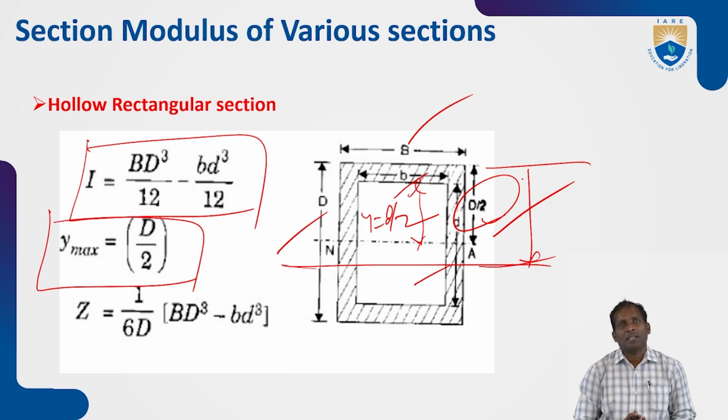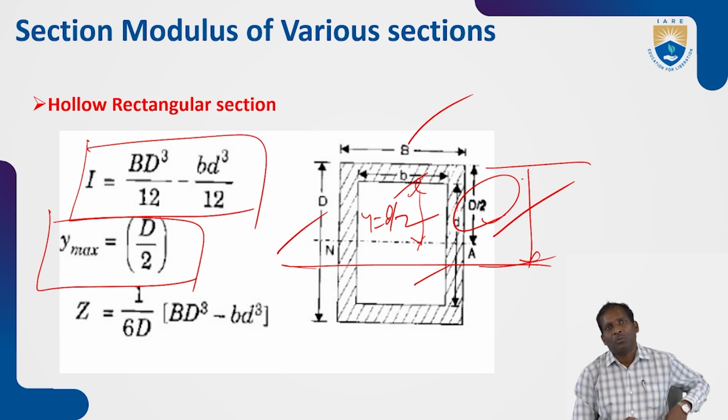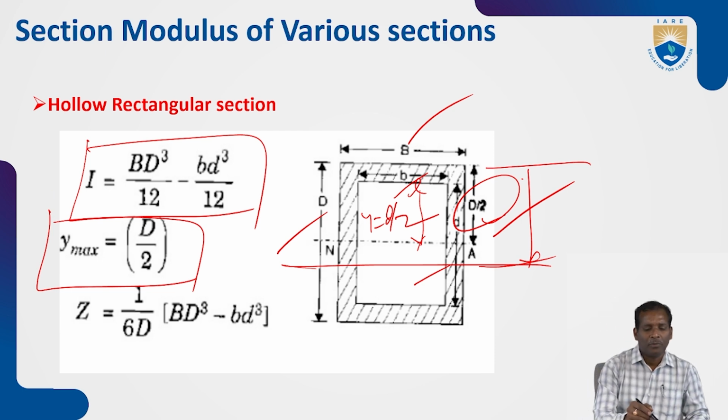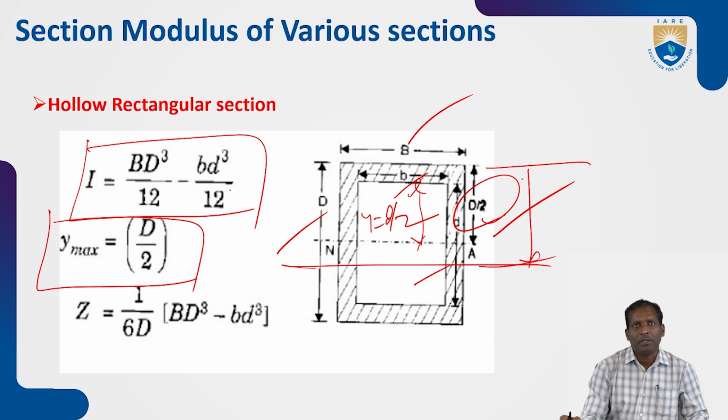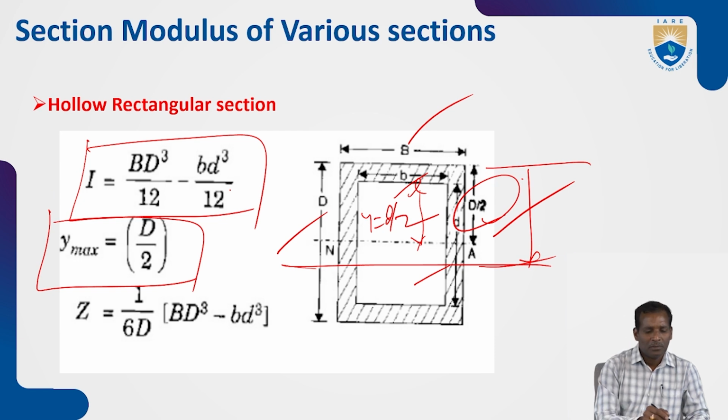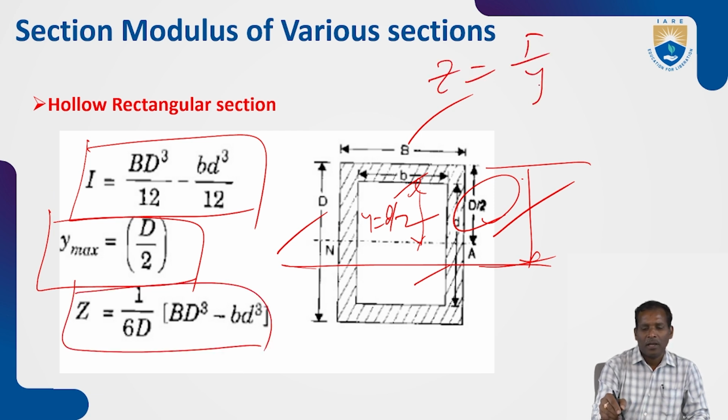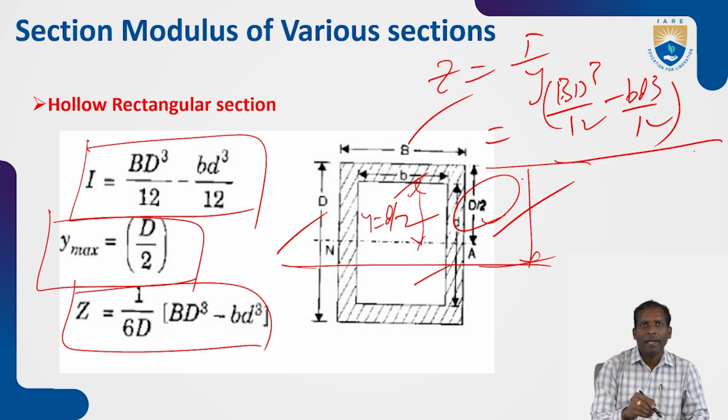For the hollow rectangular section, write down the equation for the moment of inertia, BD cubed by 12 minus small bd cubed by 12. So now the Z is equal to I by Y. I is equal to BD cubed by 12 minus small bd cubed by 12, divided by Y. The Y is the Y maximum, you take that as D by 2.